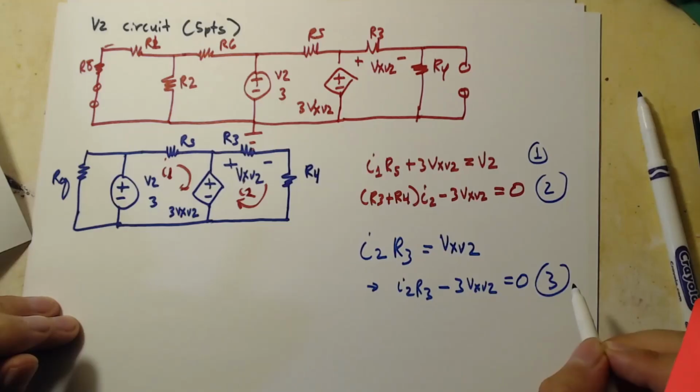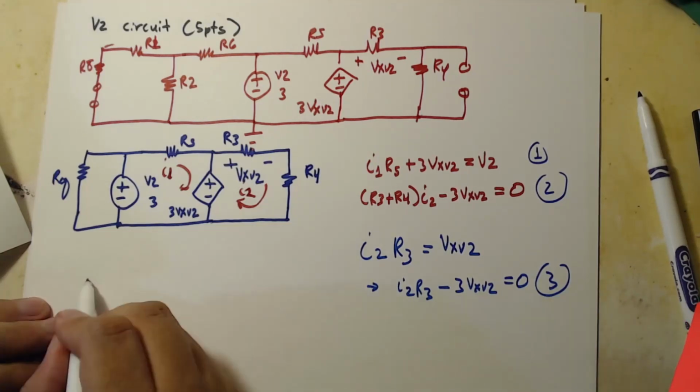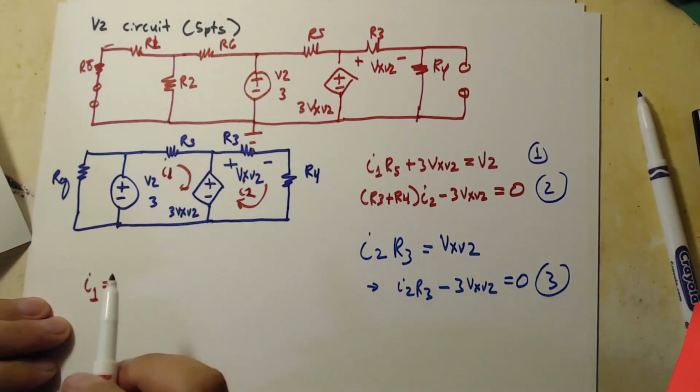Nice. Now we have our three equations and three unknowns: I1, I2, and Vx V2.